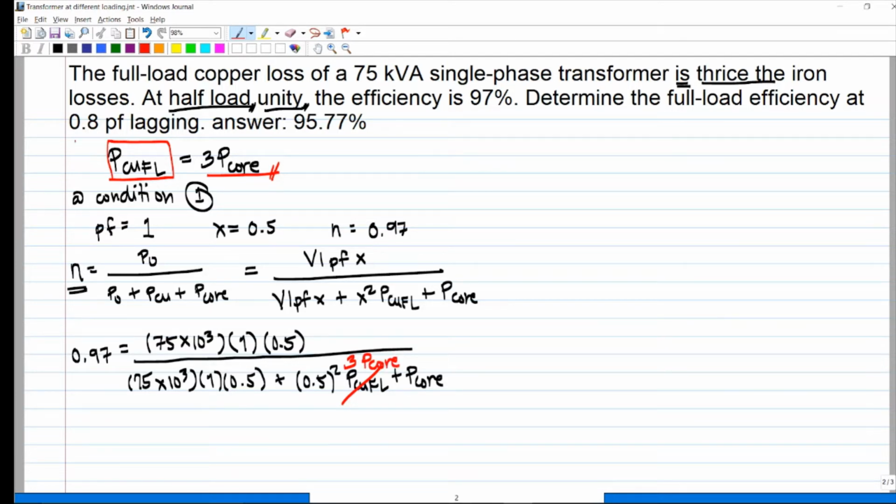Kaya kung titignan natin sa solution natin, isa na lang yung unknown, and that is P core.